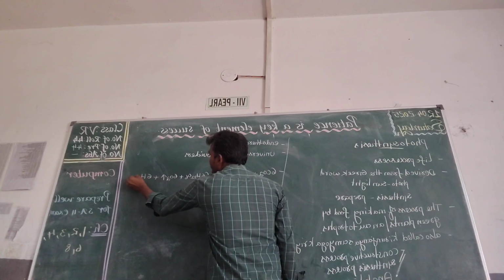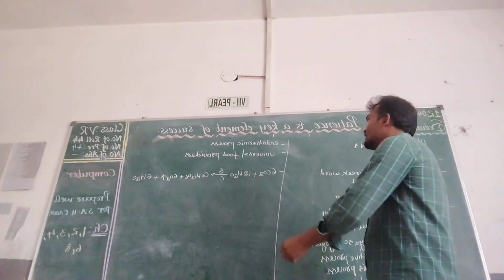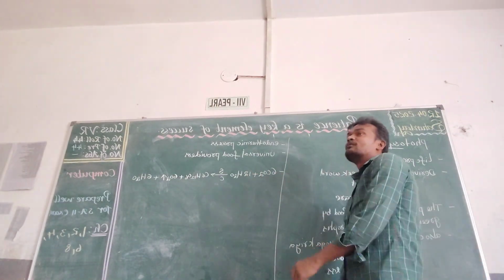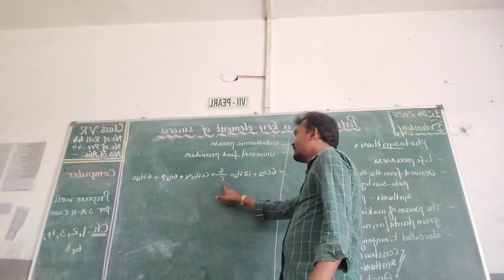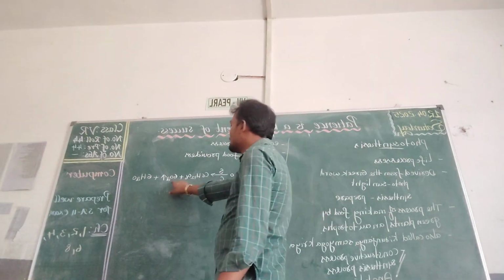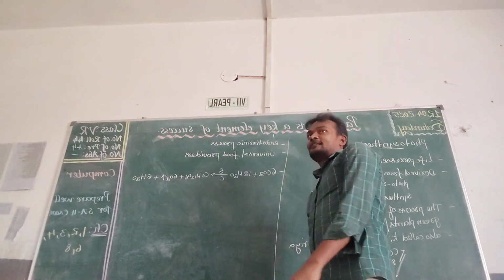This is the chemical equation for photosynthesis. So 6 molecules of carbon dioxide will react with 12 molecules of water in the presence of sunlight and chlorophyll to prepare 1 molecule of glucose, 6 molecules of oxygen, 6 molecules of water.